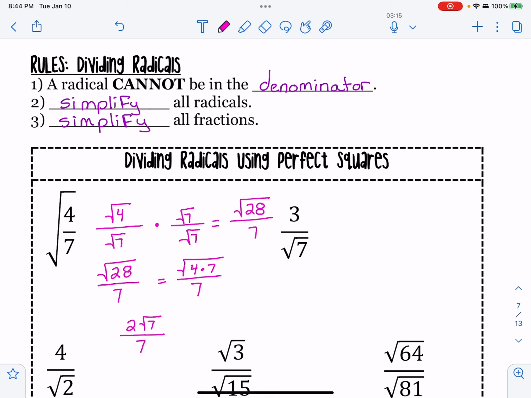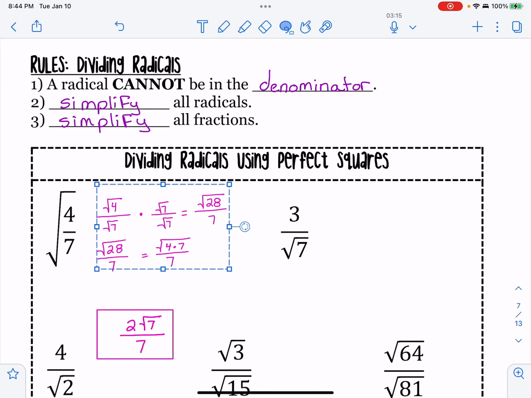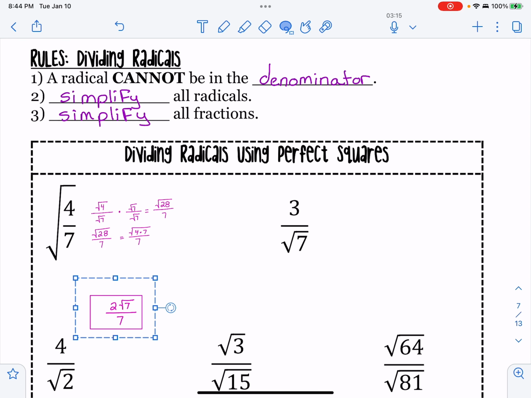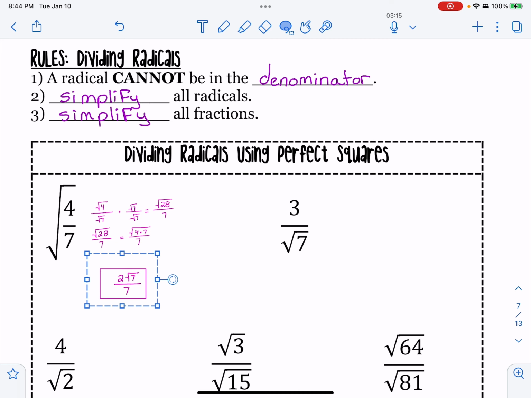Now those 7s don't cancel each other out right here in my simplified answer, because one is a whole number and the other is underneath a radical. Okay, but that's my simplified answer. It does not have a radical in the denominator. The entire fraction is simplified, and the radical is simplified.